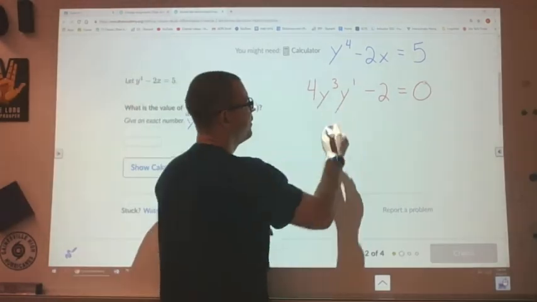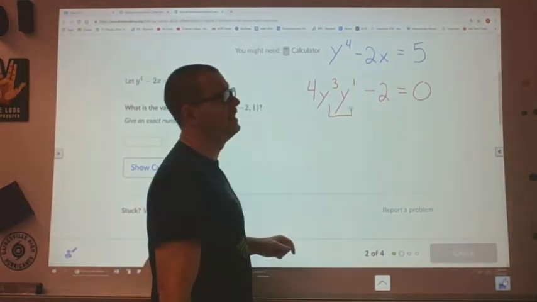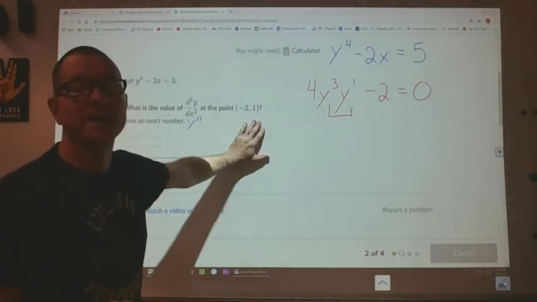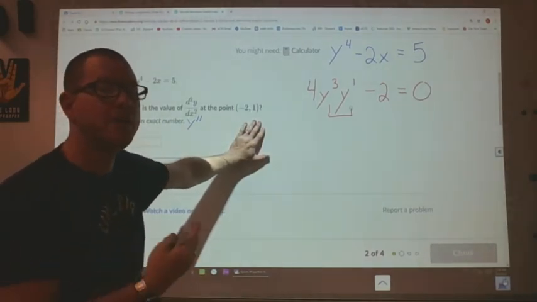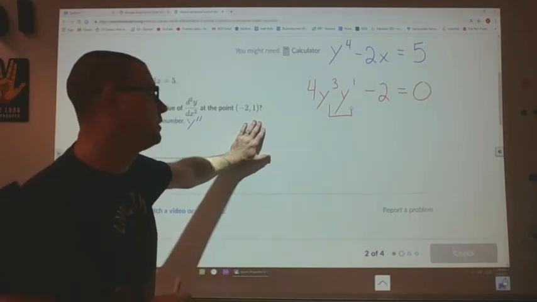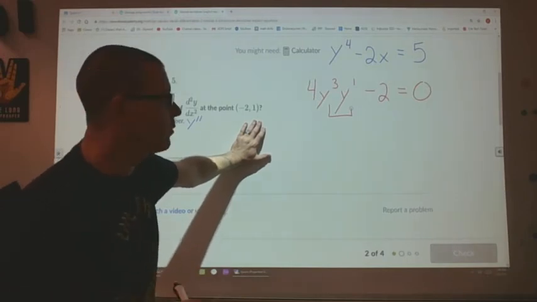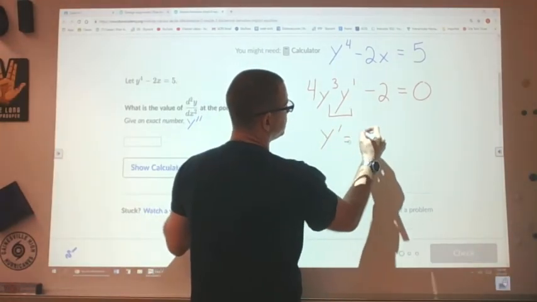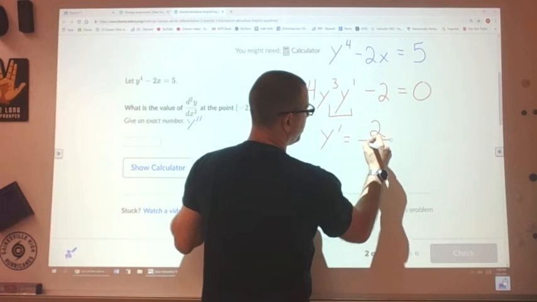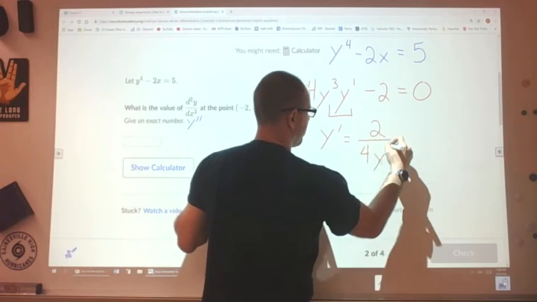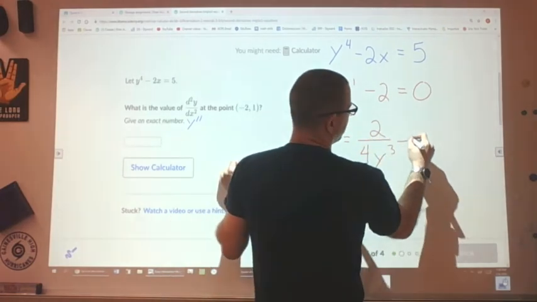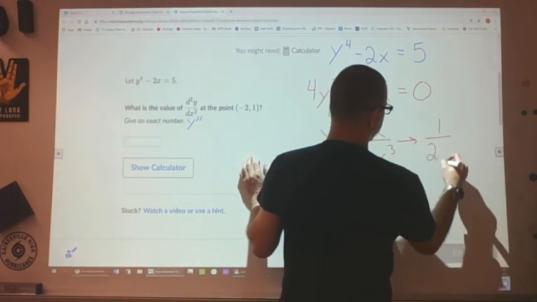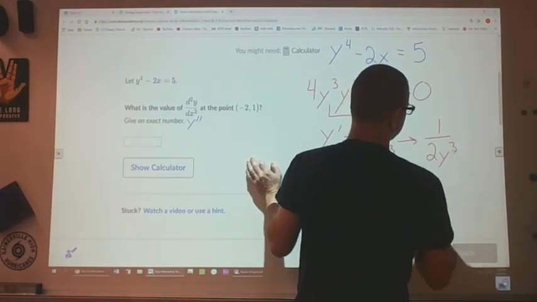Well, technically, this is our first derivative, but we have differentiated one time, and so that first derivative should appear in our expression, and we can solve for it. We can solve for this very easily, in fact. Y prime is equal to 2 over 4y to the third, which can reduce even farther to 1 over 2y to the third.